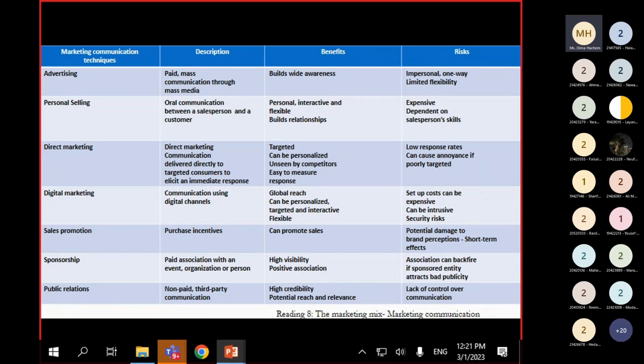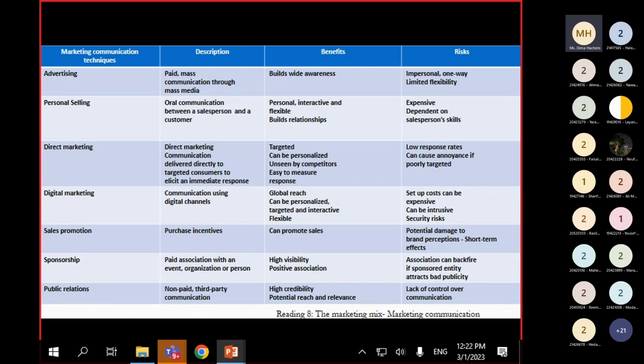If you receive at home those brochures or leaflets that explain a certain product, this is direct marketing. If you receive it by mail, in the States, people would receive direct mailings to their mailbox, okay? Or to your email, for example. All of this is called direct marketing.